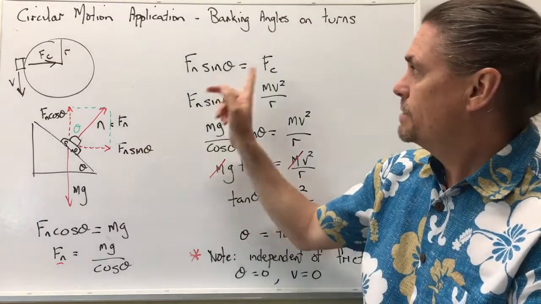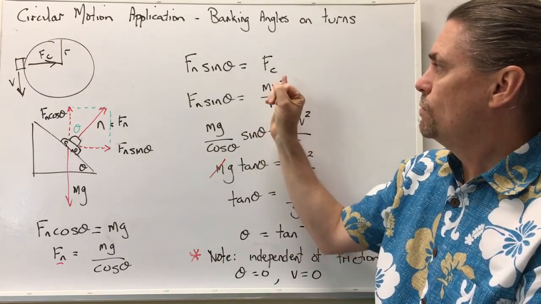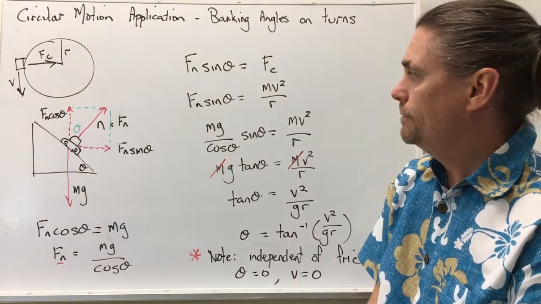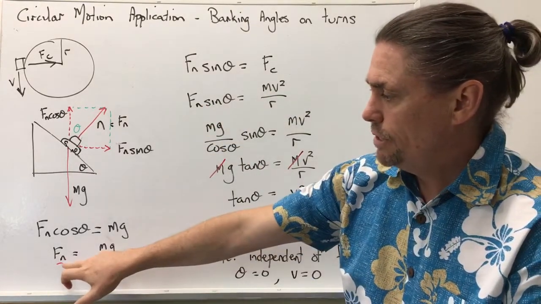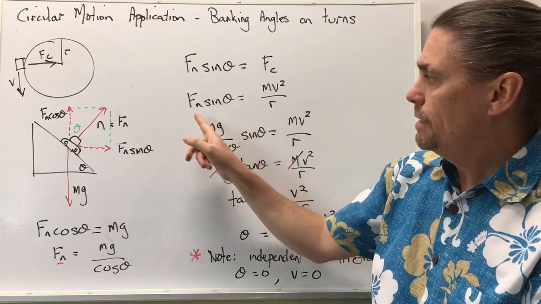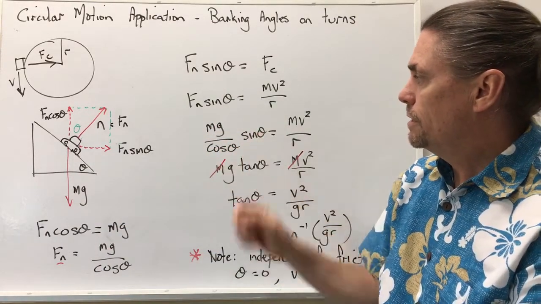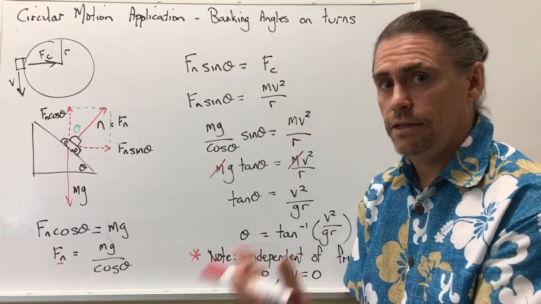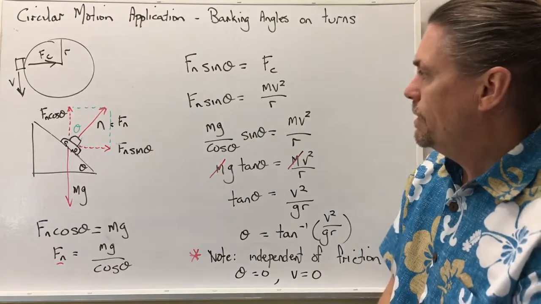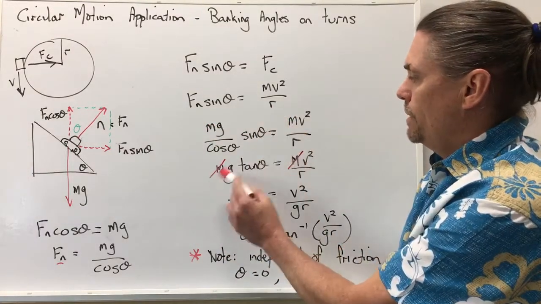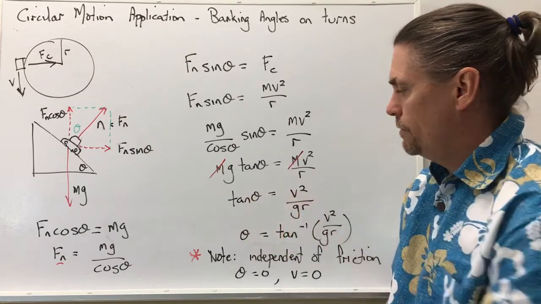Therefore, this must be equal to our centripetal force, and if we substitute in centripetal force, mv squared over r, we get this particular function. Now we can substitute in our normal force up here for mg over cos theta. So we've got mg over cos theta times sine theta. Sine theta over cos theta is equal to tan theta. And we notice that we've got an m on both sides, so we can cross them out. So we get tan theta is equal to v squared over gr.